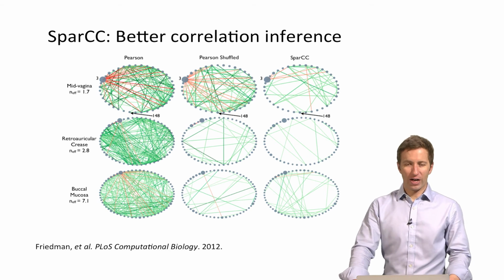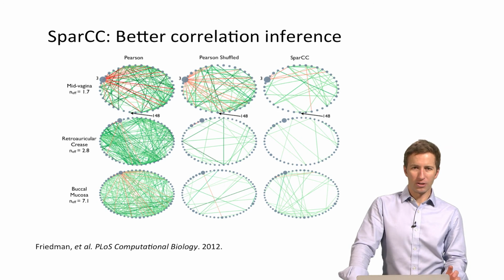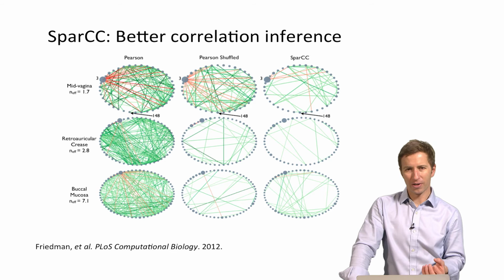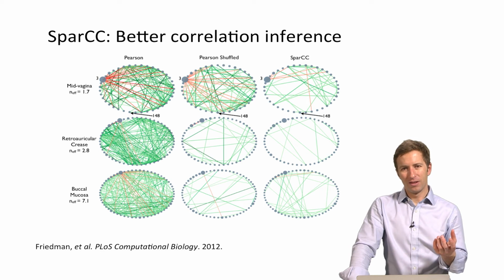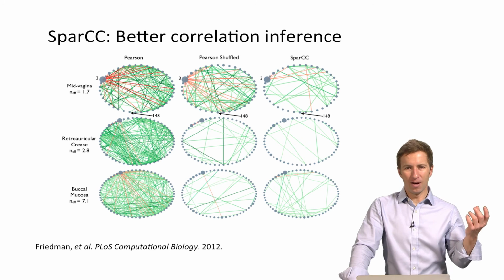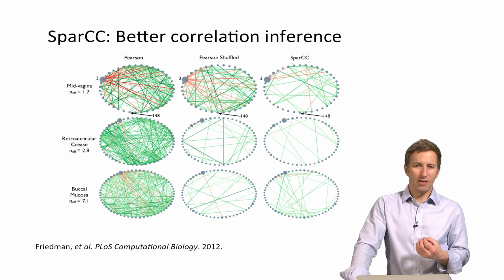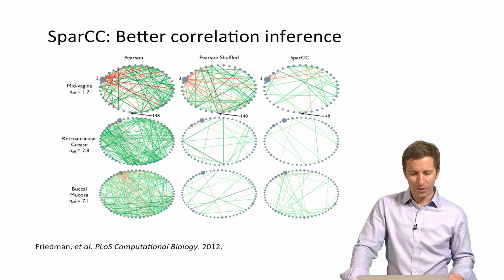When, again, in fact, there was absolutely no correlation. So what you want is basically the smallest number of correlations, or the most sparse representation of the correlation network that would explain the relative abundances that you see, given the fact that it's compositional data.